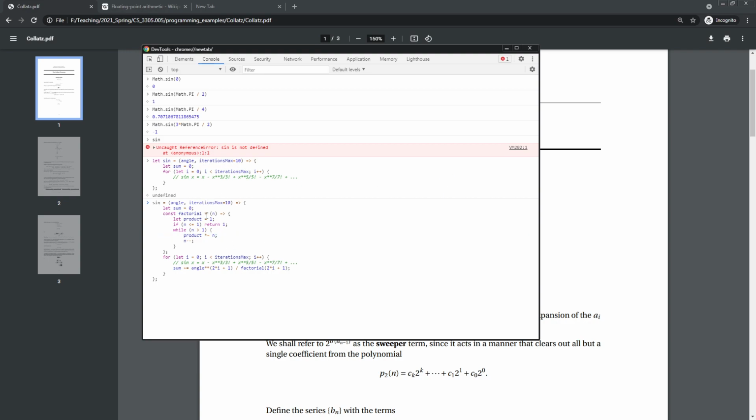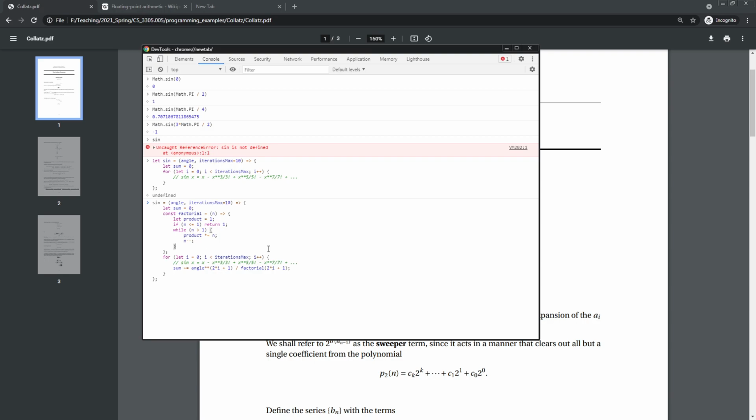So if n is 3, then our product starts out as 1. We skip this. We enter our loop. We multiply 3 times 1, and then it gets decreased down to 2. And we multiply 2 times, well, this is now 3. Right? So 2 times 3 is 6. And then we decrement, and it's 1.